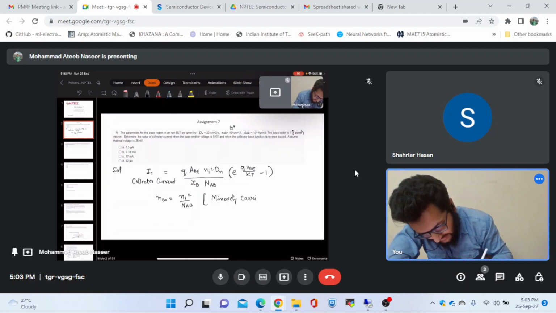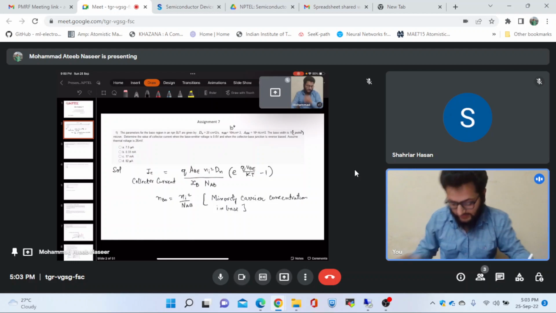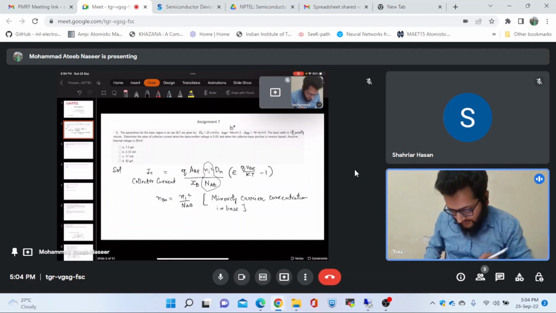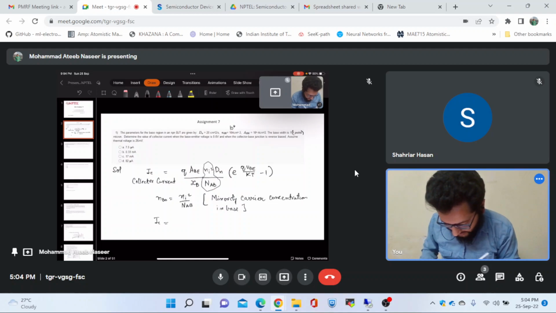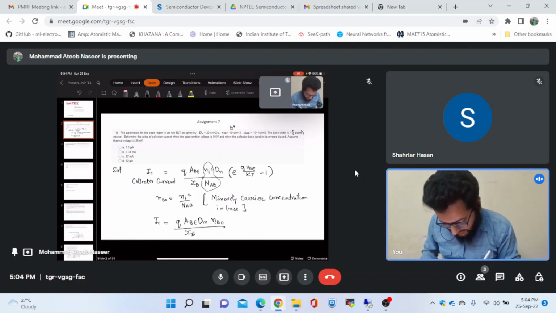If I replace this Ni square by NaB by this quantity, I will get the reduced expression for the collector current equal to Q times ABE dN, and this will be NB naught by XP, where this XP is the base width, multiplied by exponential of QVBE by KT minus 1.